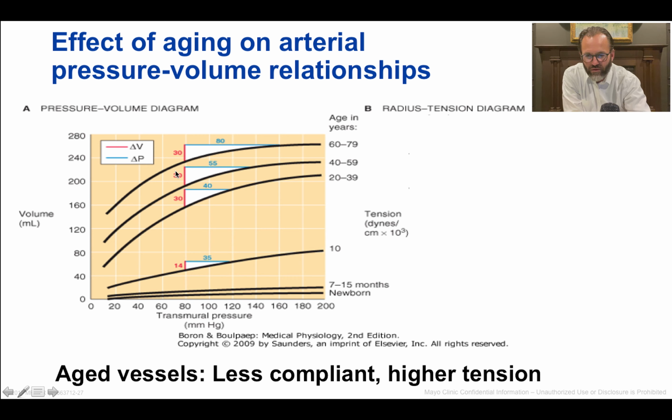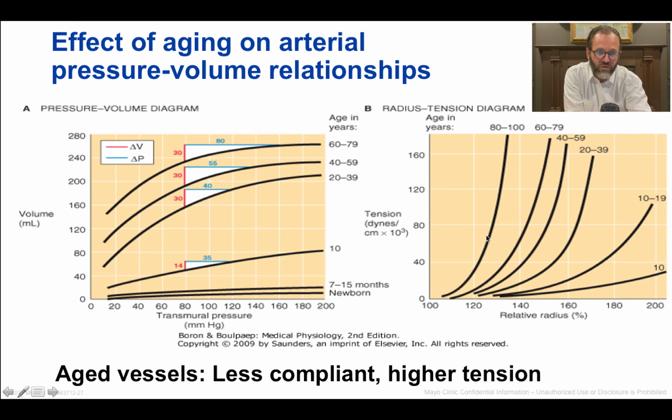Whereas for me, with that same stroke volume, with a less compliant aorta, now I will have a change in blood pressure of 55 millimeters of mercury during that systolic phase, which again has profound implications for clinical manifestations of conditions such as hypertension. So here again, just depicting that aged vessels are less compliant and having higher levels of tension.